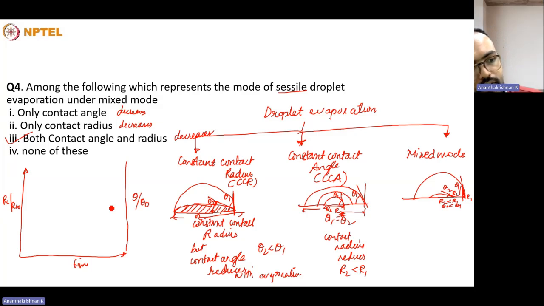Then there will be a phase of constant contact angle, and then a mixed phase. The first phase will be the constant contact radius phase.